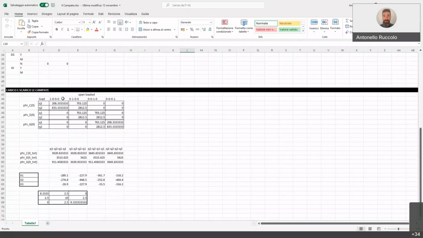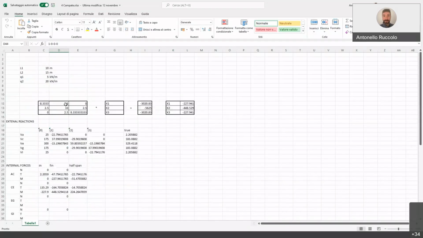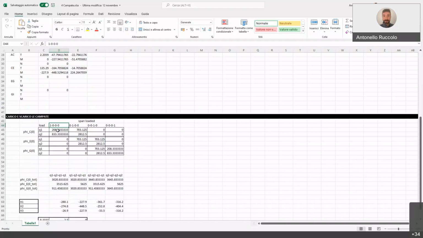If we consider just load... These are the coefficients that we need to take into account for the matrix when we load the first beam, and we do not load the beams number 2, 3, and 4.